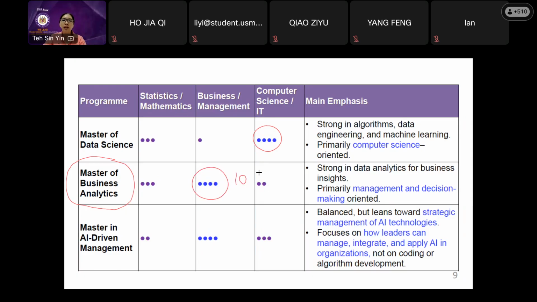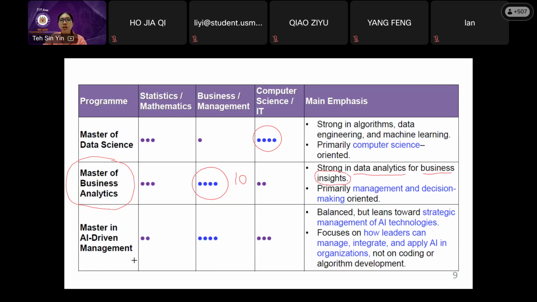You also learn computer science and IT knowledge, such as the software part. So you are strong in data analytics, especially to gain business insight. Remember: data, insight, action, or data, insight, decision. Your primary orientation is management and decision making.